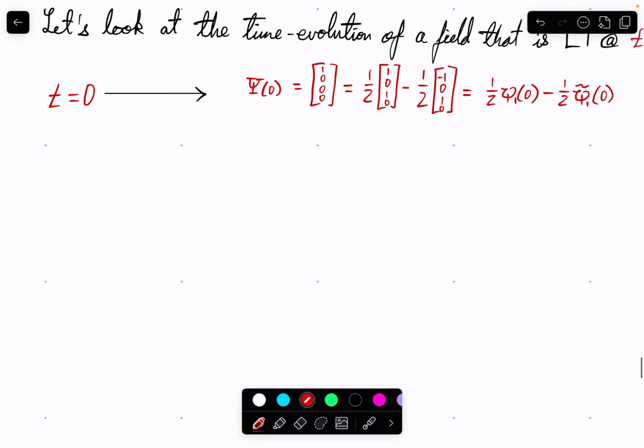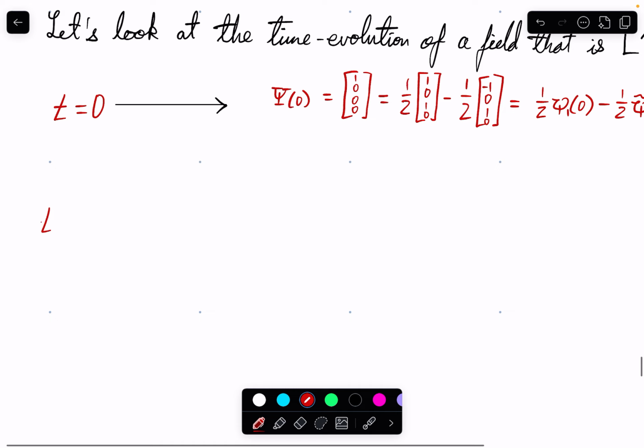And then if we have time equal to pi over 2m, then you can look at this now. Pi over 2m.